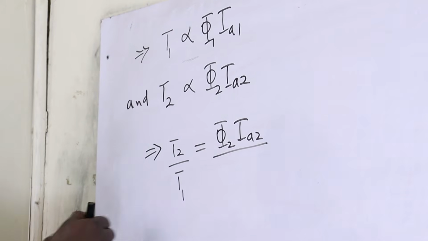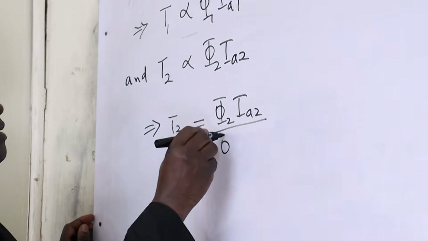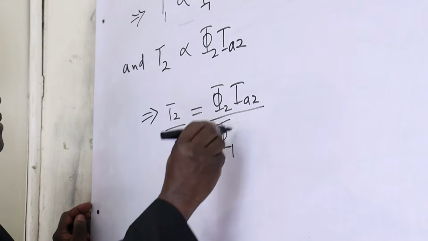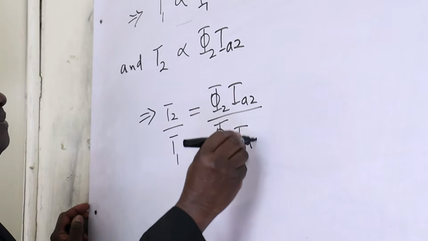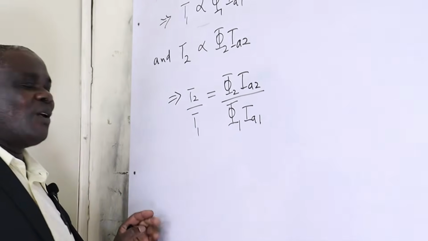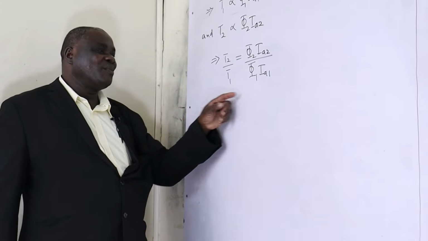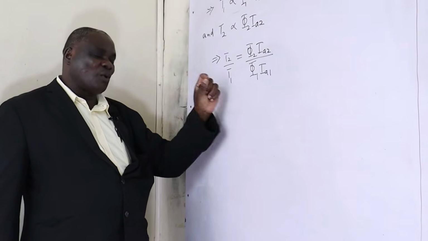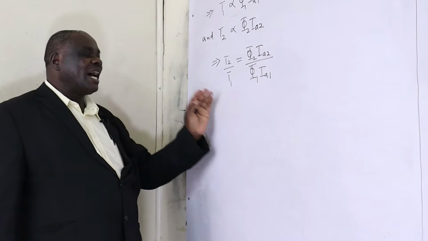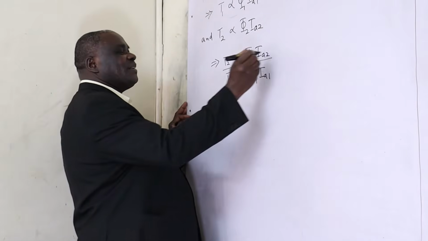We'll have T2 all over T1 will be equal to phi 2 IA2 all over phi 1 IA1. And this can be used for analyzing the working of a DC motor under two-load torques.